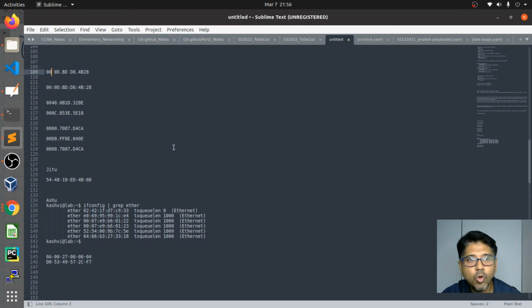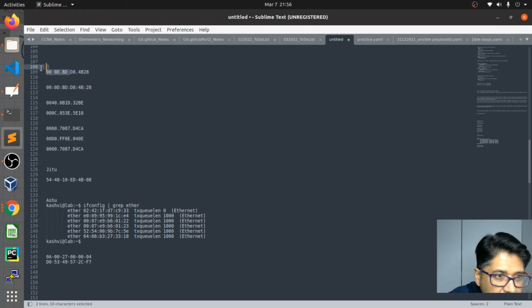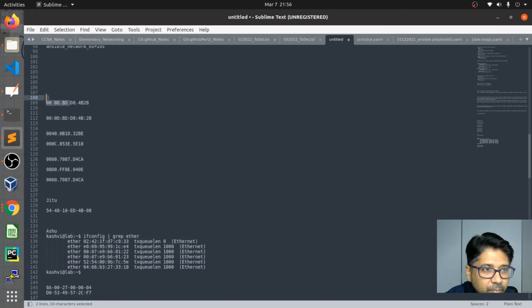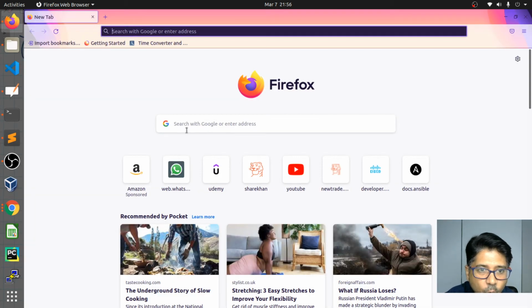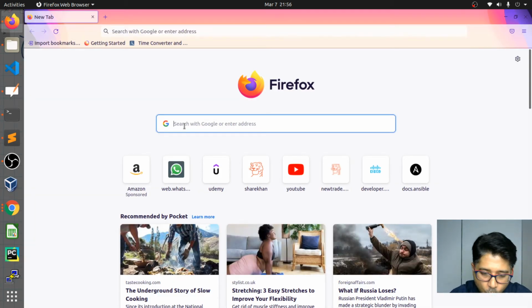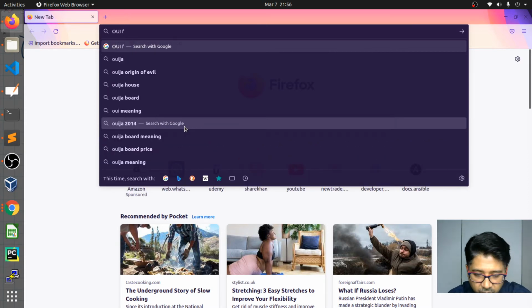Now, the first 3 octets say which organization. So let's understand. I am going to Google and check what the OUI for Cisco is.